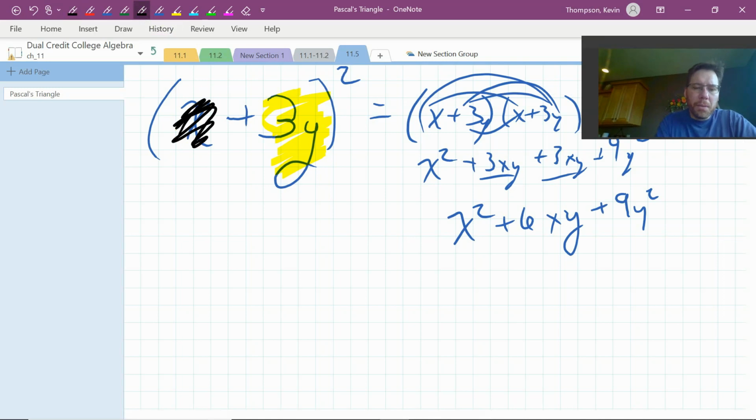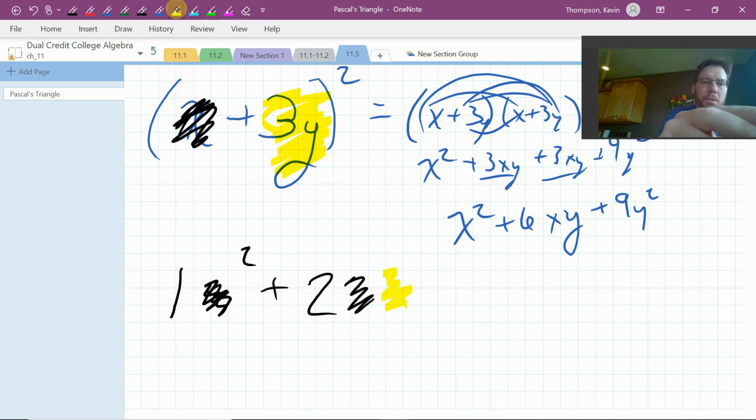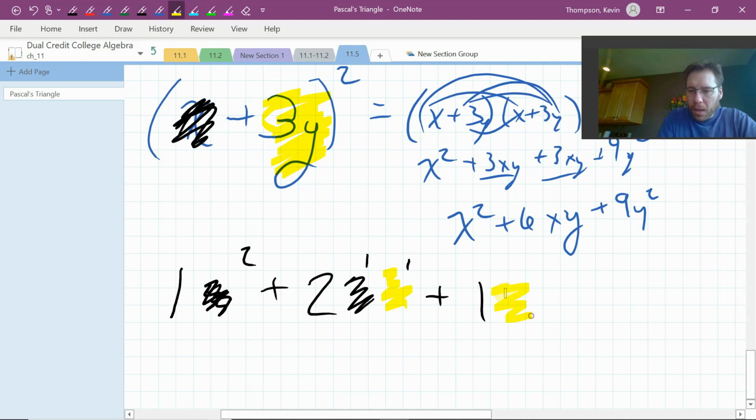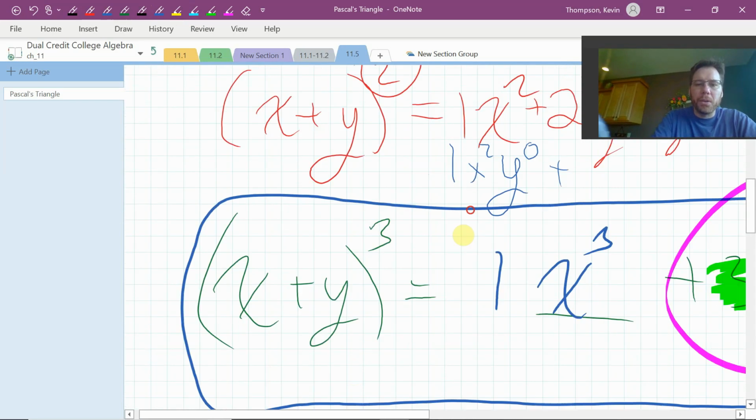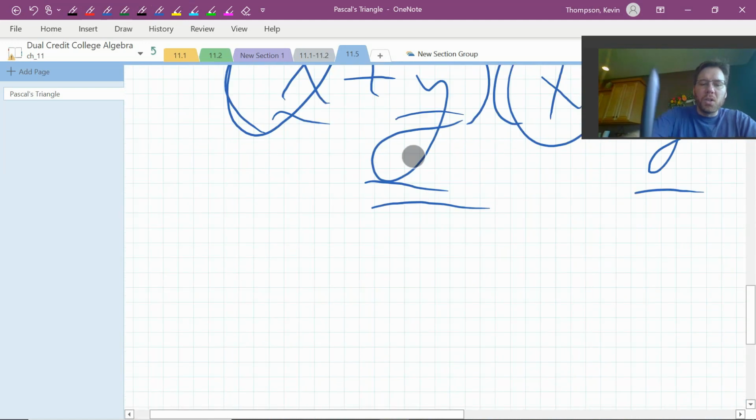So what Pascal's triangle would say is we would have one black squiggle squared plus 2 black squiggle, yellow squiggle, both to the first power, plus 1 yellow squiggle squared. Right? There's our 1, 2, 1 pattern going back here to Pascal's triangle. Okay.